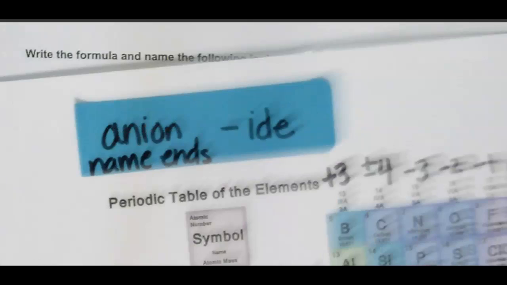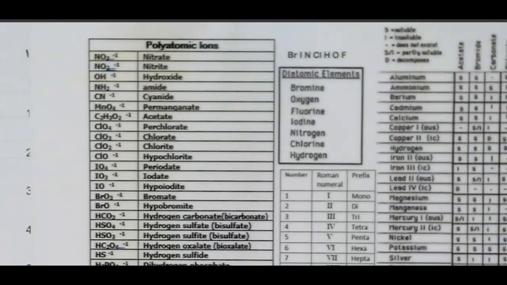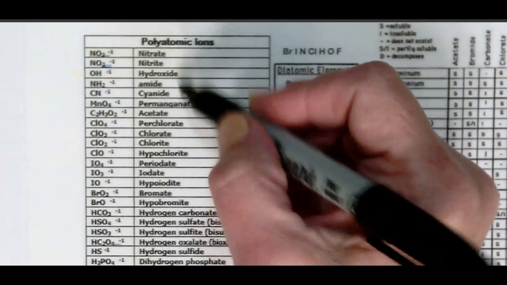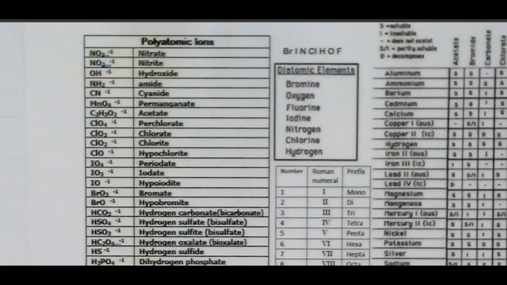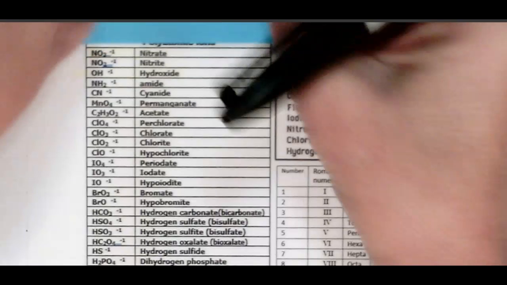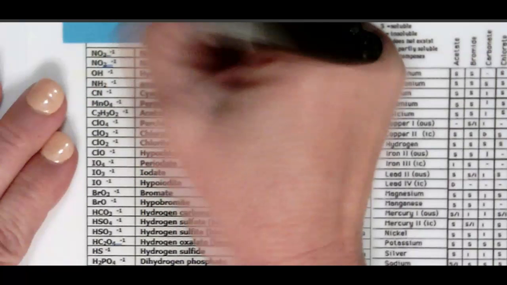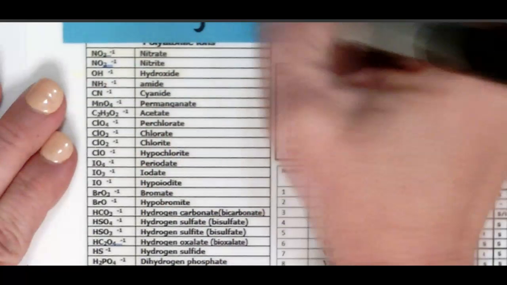So let's go over to the back side real quick. On the back side of your periodic table is your polyatomic ions. Guys, these are already the names of your polyatomic ions. You will never change the name of a polyatomic. Okay, so I'm going to get another sticky note and put up here, you will never change the name of polyatomics.